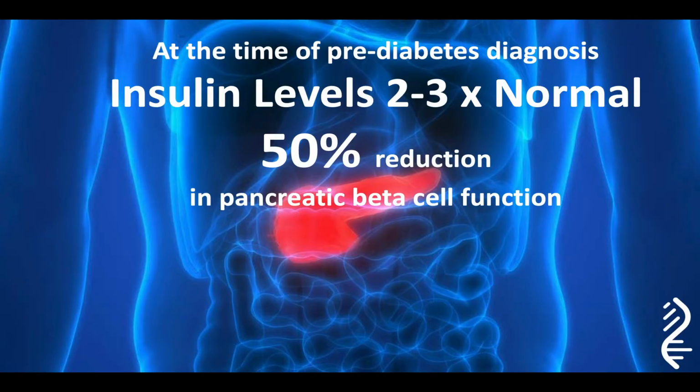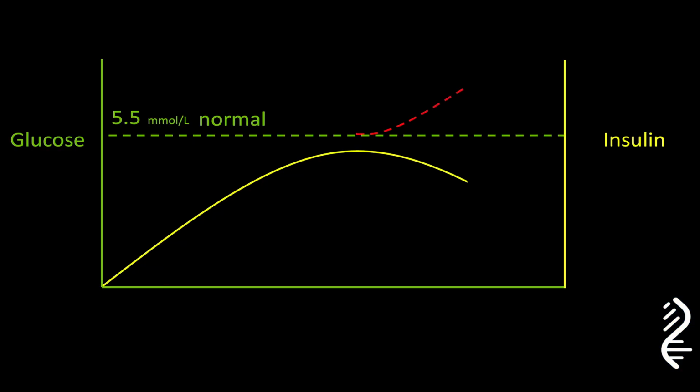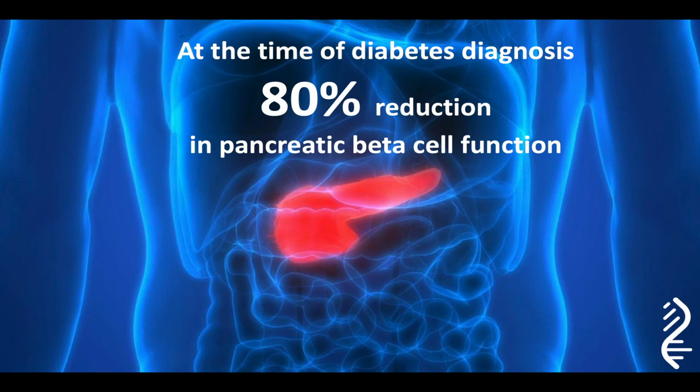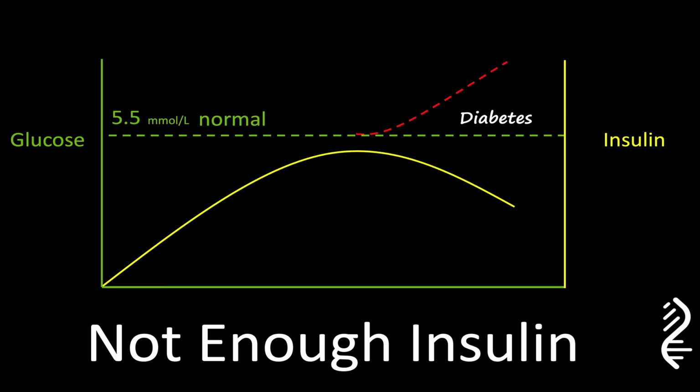At this point in time, insulin levels are 2 to 3 times normal. The pancreas is at about 50% function. Left to go further, blood sugars go up. We diagnose it as diabetes. And at this point, we often see an 80% reduction in pancreatic beta cell function. Not enough insulin is when we get full-blown diabetes.